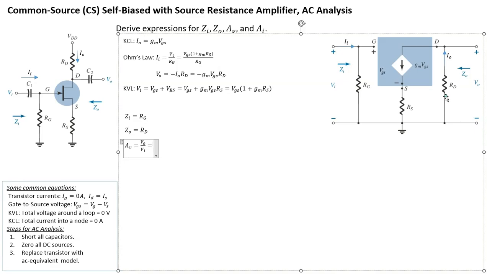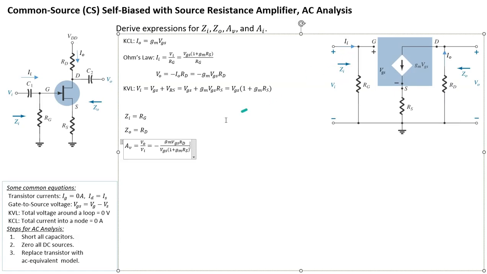VO is simply negative GM VGS RD, all divided by VI, which is VGS bracket 1 plus GMRS.